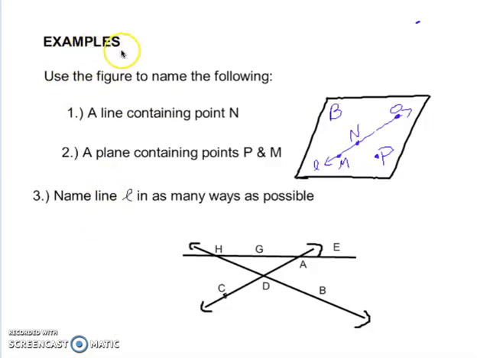Here are some examples for you to look at, and we're going to use this figure to name each of the following. So the first thing we want to do is name a line containing point N. So I'm going to let you look at that figure and see if you can do that.